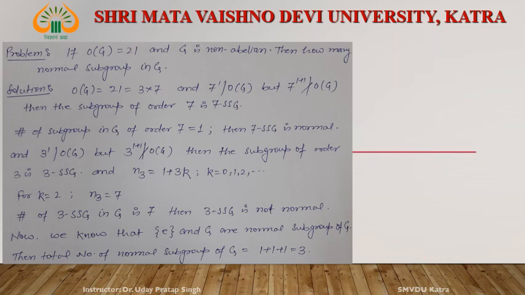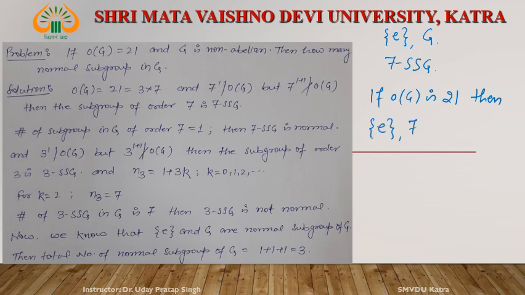But we know that there are two other normal subgroups. One is E and one is G, and the other one is the 7 Sylow subgroup. So if order of G is 21, then there are three normal subgroups: E, the 7 Sylow subgroup and G, that is 1 plus 1 plus 1.